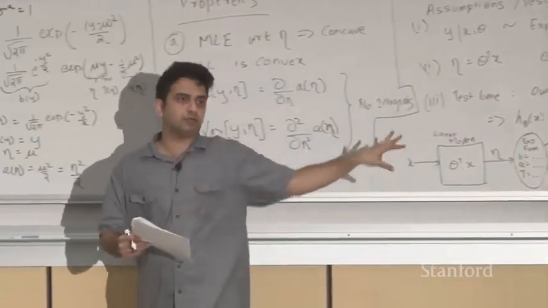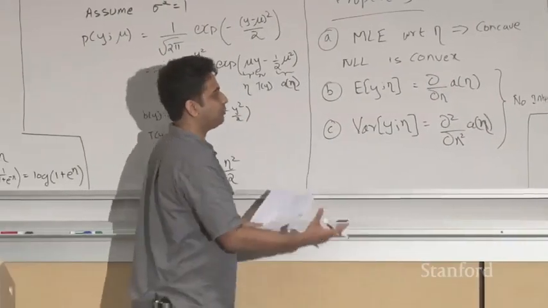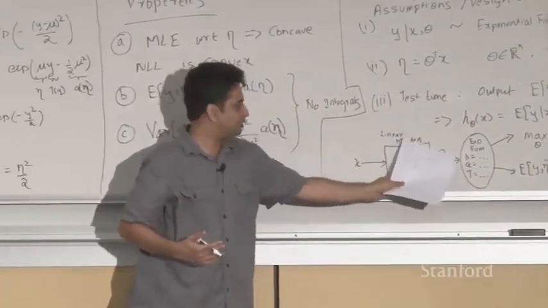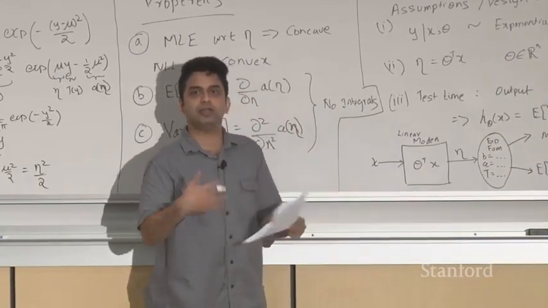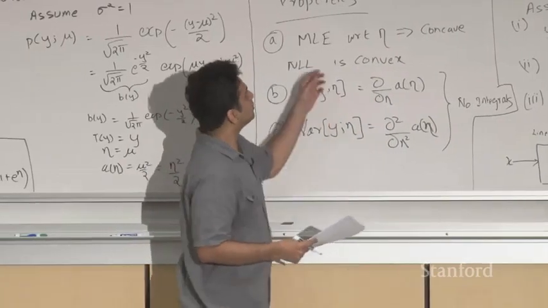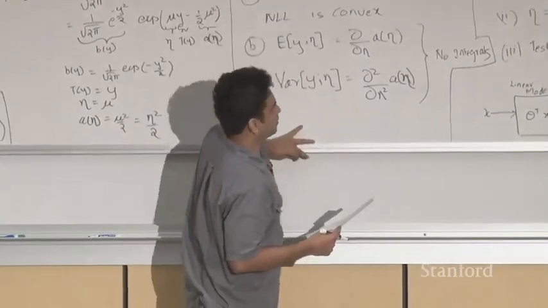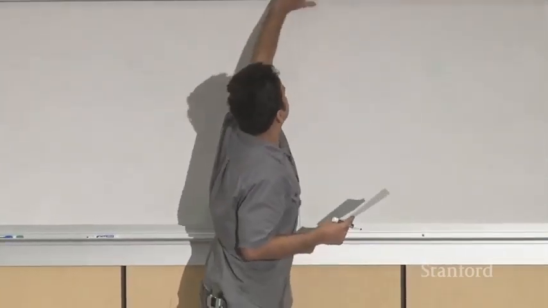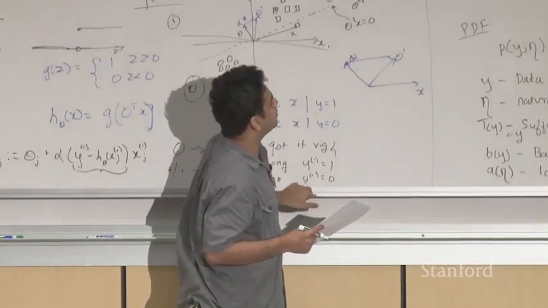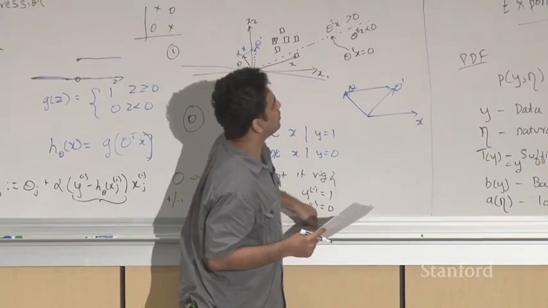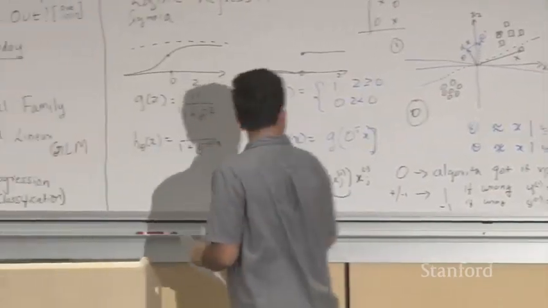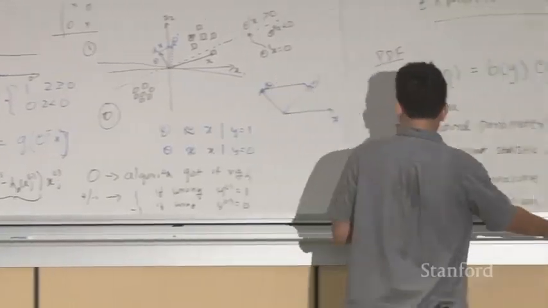This is the big picture of what's happening with GLMs and how they are an extension of exponential families. You reparameterize the parameters with a linear model and you get a GLM. So let's look at some more detail on what happens at train time.